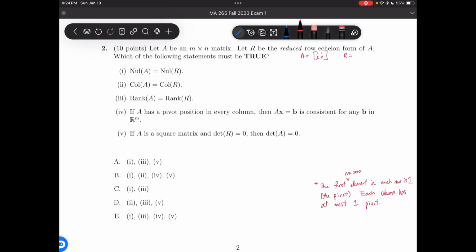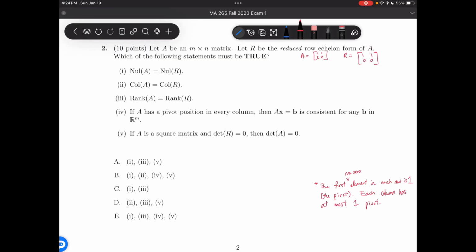So in this case, the way we get to the reduced row echelon form is we leave the first row the same, and then row 2 equals row 2 minus 2 times row 1, and we get 1, 1, 0, 0 as the reduced row echelon form of A. As you can see, this is our pivot, and there's exactly 1 pivot in this column and 0 pivots in this column.